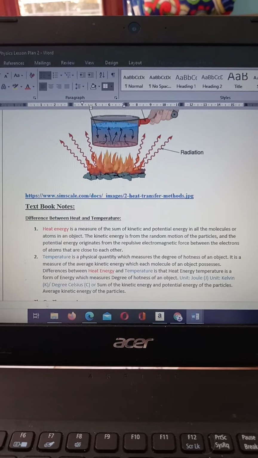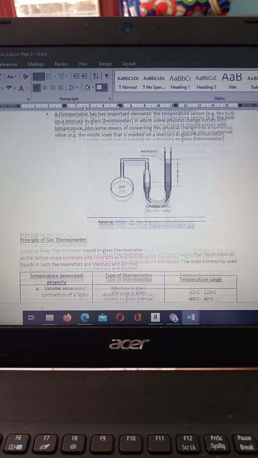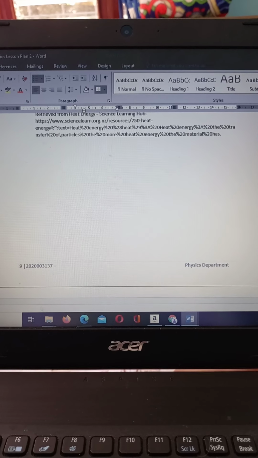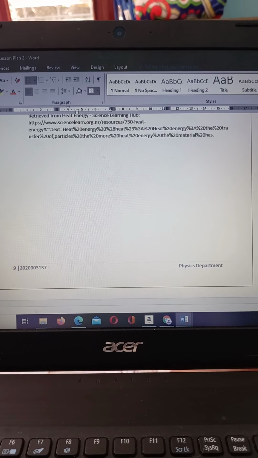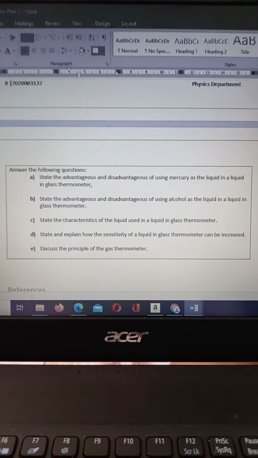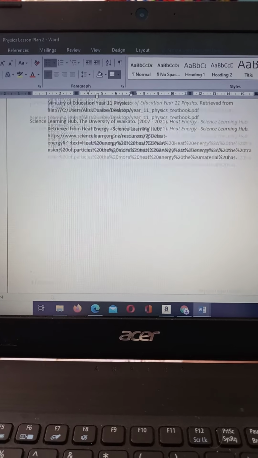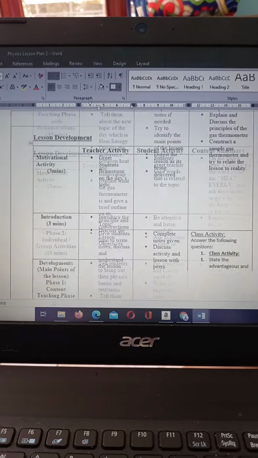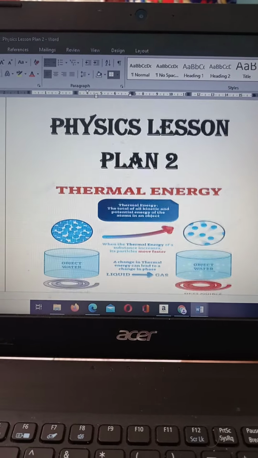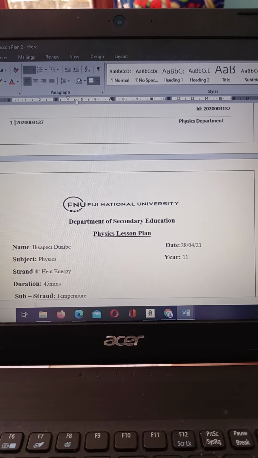Then the textbook notes, these are from the textbook, highlighting the day's topic, the principle of the gas thermometer, and the class activity is inside there, and that's my reference. That's all from my lesson plan 2, physics lesson plan 2, based on thermal energy.